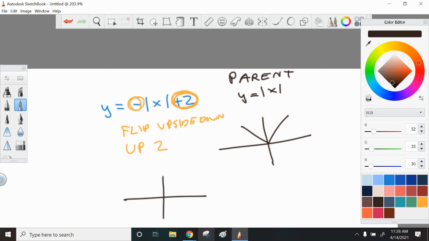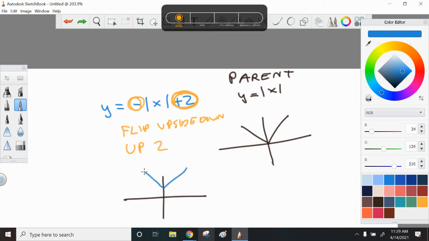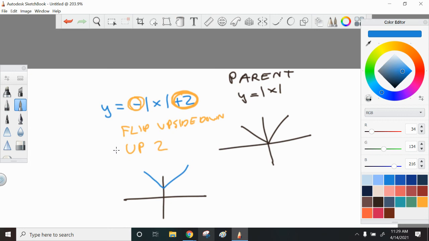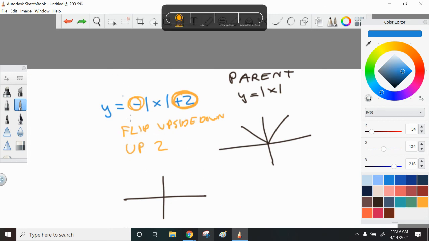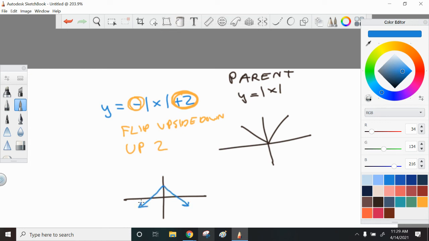So I can now graph the blue graph. I don't need Desmos's help. I can start with a V, and I can move it up 2, right? Check. And then I need to flip it upside down. So I can flip it upside down. And there you go. That is what this graph should look like.